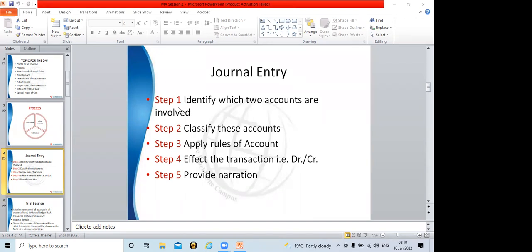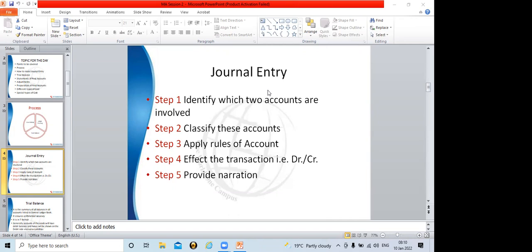Those who are from commerce background are well versed with these steps, so for them this will be just revision. So commerce students will bear with their classmates, and other students will try to learn this, because this is a very basic thing.